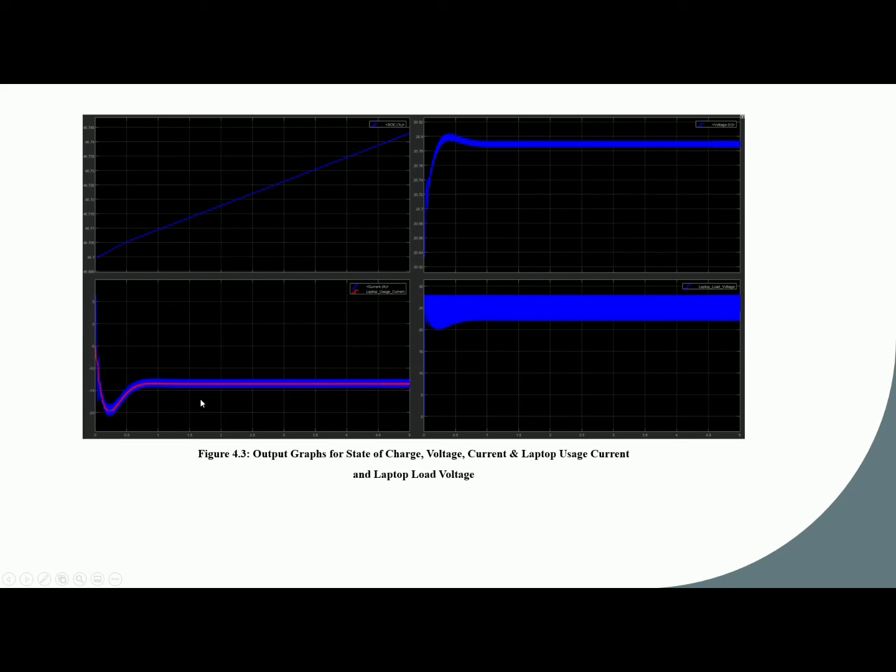The negative sign convention is present because of the charging of the battery. Finally, at the lower right corner, we have the laptop load voltage, which has stabilized between 22 volts and 28 volts, the blue line, similar to the DC voltage we acquired earlier.